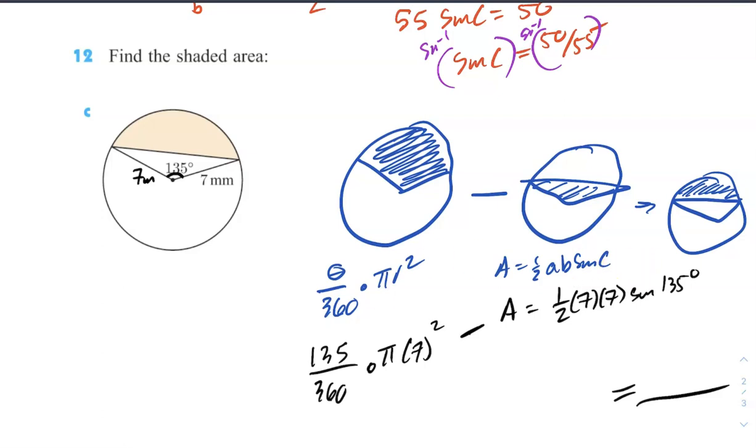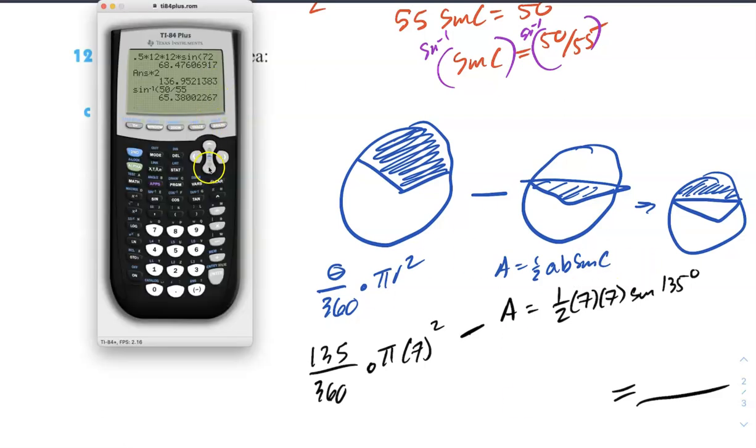So let's do this real quick. I'm going to get 135 divided by 360 times pi times 7 squared. About 57.7. Then we subtract off 1/2. Now you can put this all in one line, but since I'm teaching, I like to show steps.